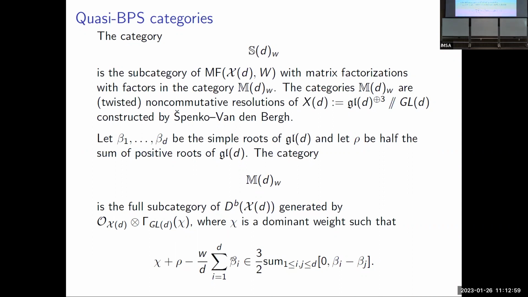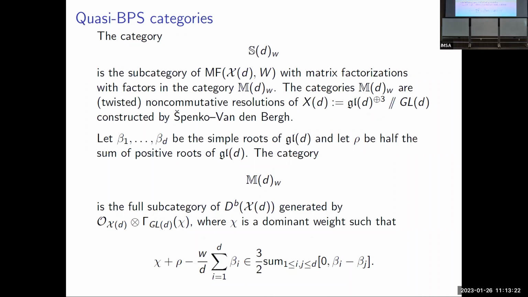So chi plus rho, and then W appears here. So you shift by this weight, and then it has to be in this Minkowski sum of weights. So this would be inside the weight space of PGLD. Anyway, this is the precise definition.